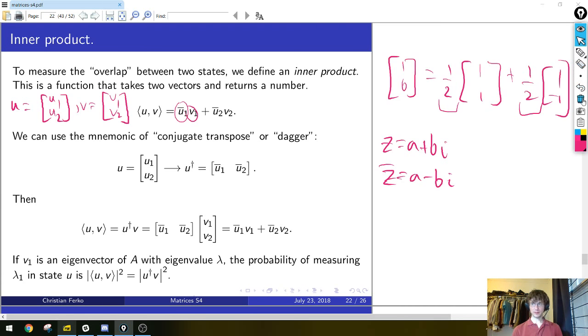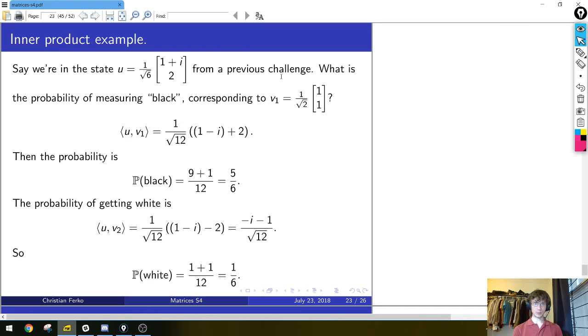Okay, so that probably sounds very mysterious. I will show one example where we do this, and it's the same example from before, in fact. So if we're in the state U, which is 1 over root 6 times (1 plus i, 2) from before, where we worked this out carefully in a previous example, the probability of measuring black, where black is this eigenvector, well, that's U dagger V, which means we take the complex conjugate. Complex conjugate means we reverse the sign on the imaginary part.